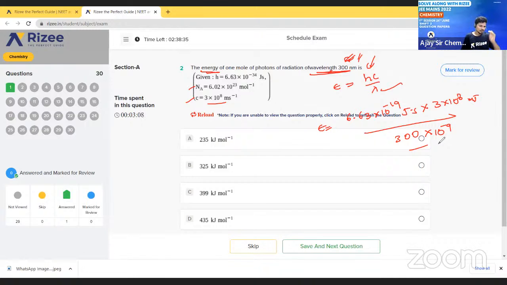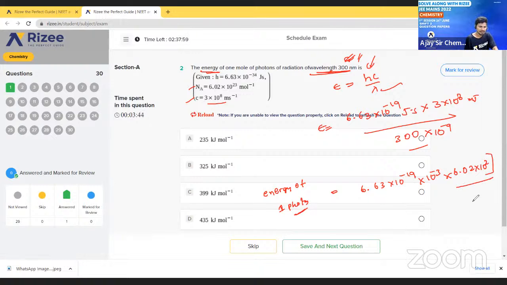Clear? So do the calculation. How much will you get? Here you will get the energy of one photon. See here, 6.63 into 10 to the power of minus 19 into 3 into 10 to the power of 8, and then multiplied with Na.